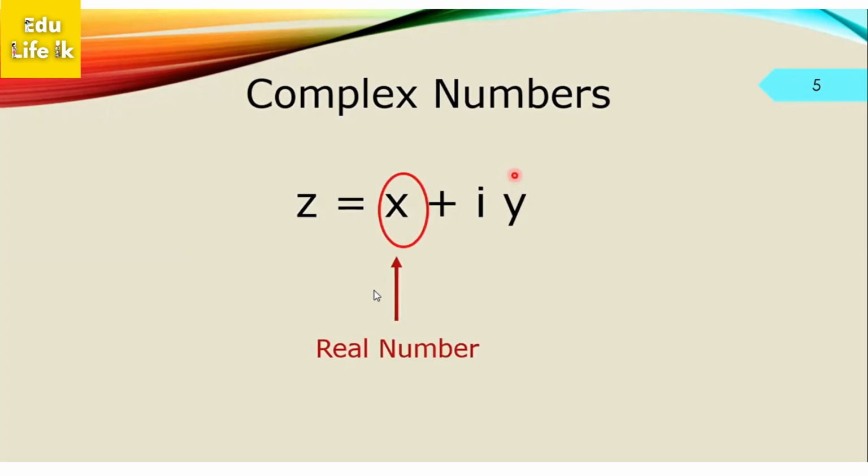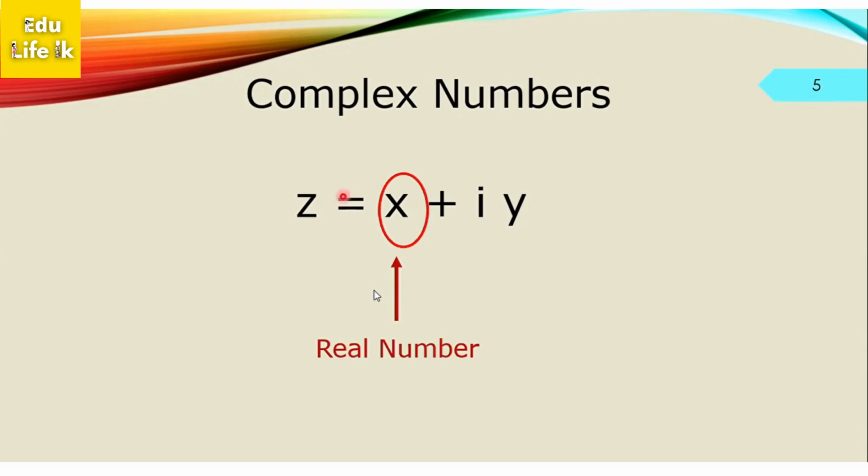Normally, complex numbers are denoted by Z. This is the standard notation. Z is the complex number.